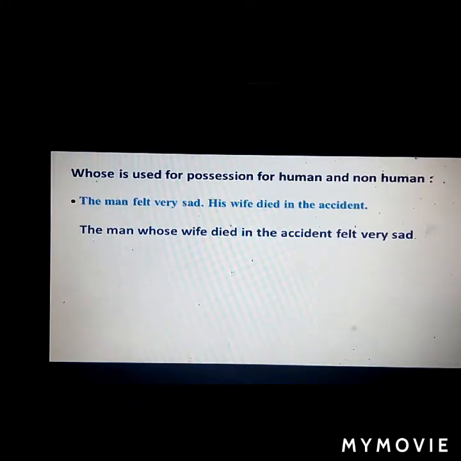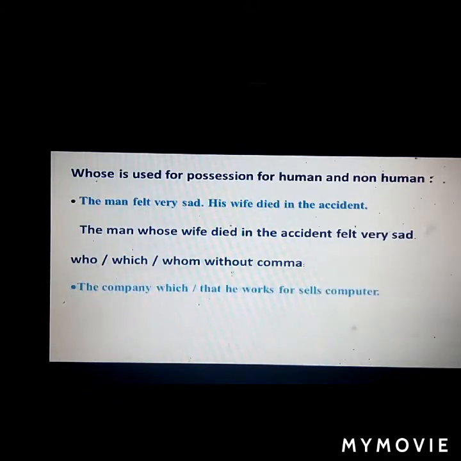Who, which or whom without a comma; we don't use a comma with them in this case. The company which or that, with non-human I use which or that, works for sells computer. No commas.